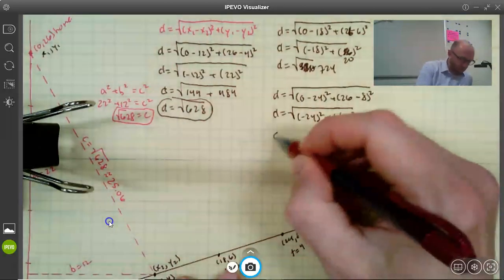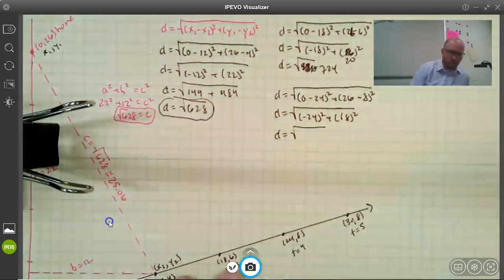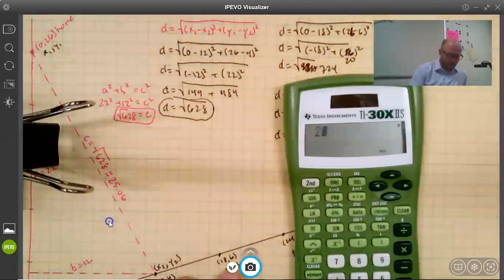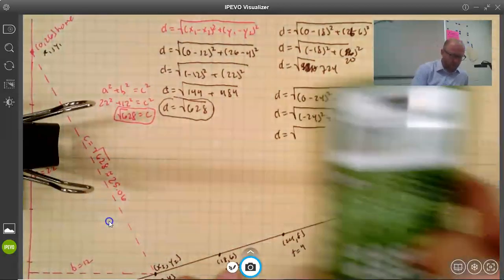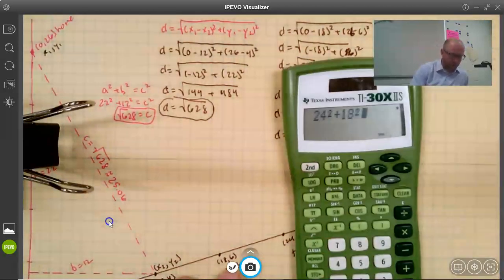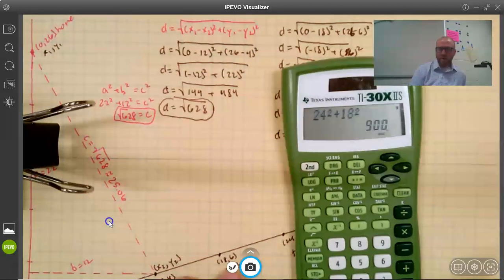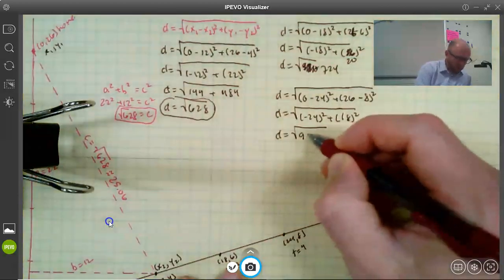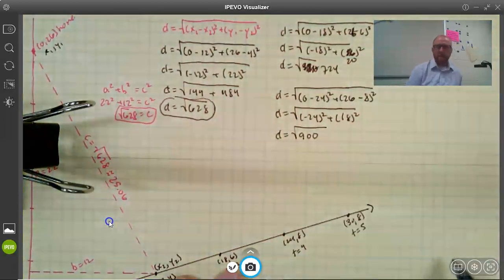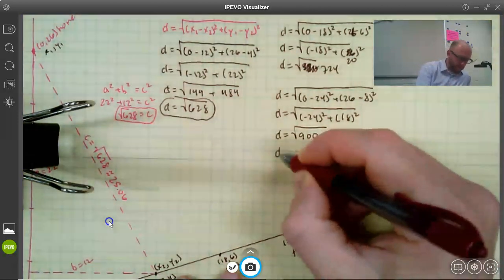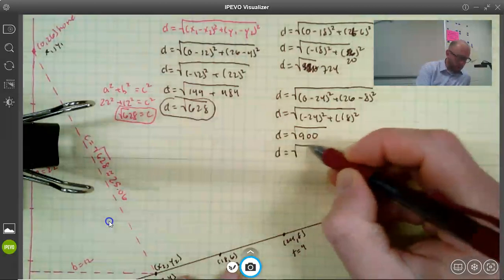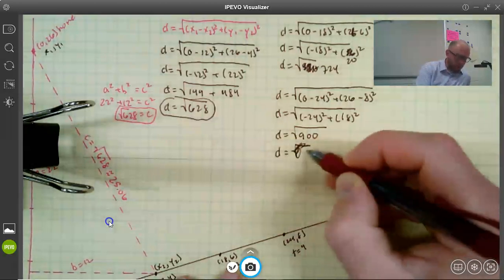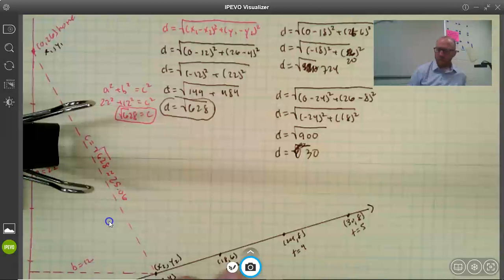So let's see, D equals, let's try, 24 squared plus 18 squared is 900. Let's see, so square root of 900, oh, that's 30. Okay. Pause for a second.